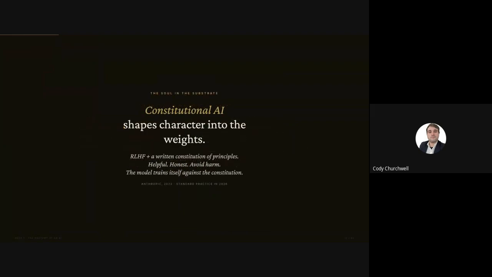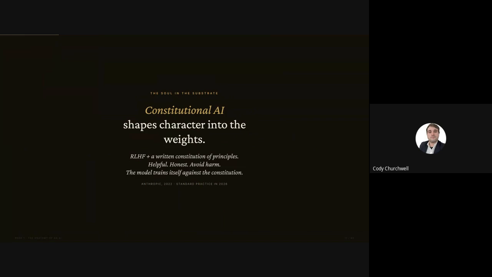Okay, so that's the soul at runtime. The 30-page prompt that gets loaded each conversation. But there's also another soul in the substrate, baked into the weights themselves. And this comes from a process called RLHF. And stick with me, RLHF is just reinforcement learning from human feedback.